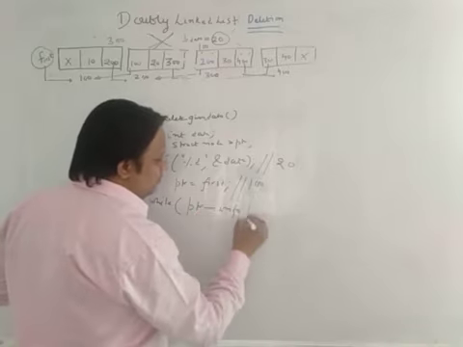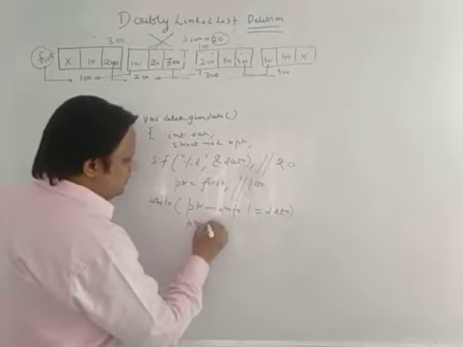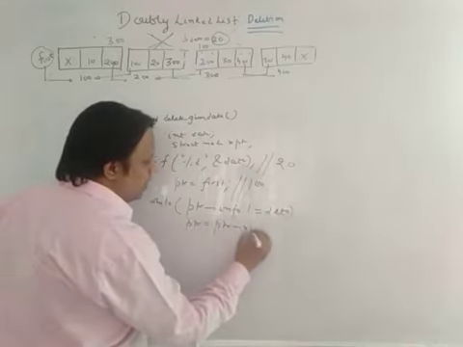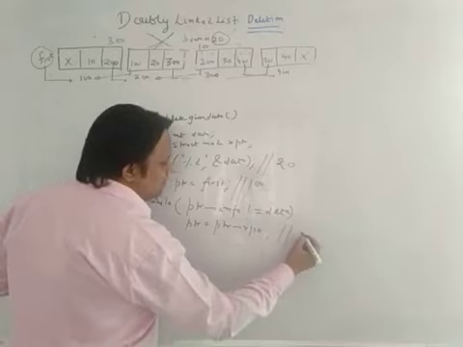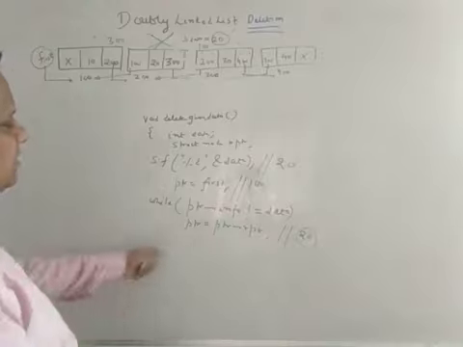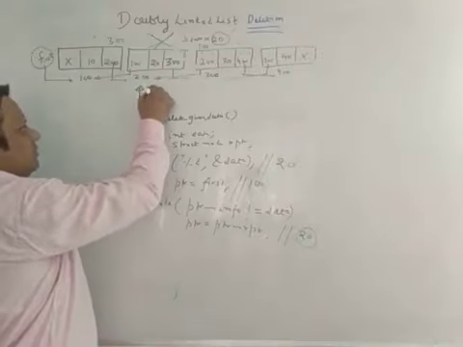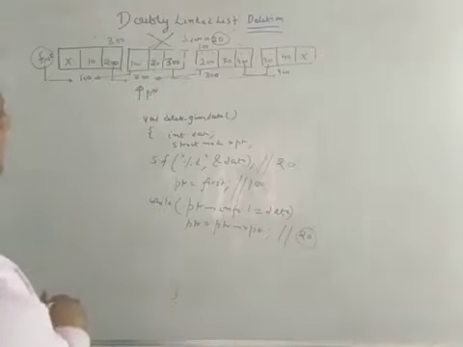So PTR arrow info not equals to data, PTR is equal to PTR arrow RPT. So after this, PTR is pointing to the address where your data value is 20. So this is your PTR.